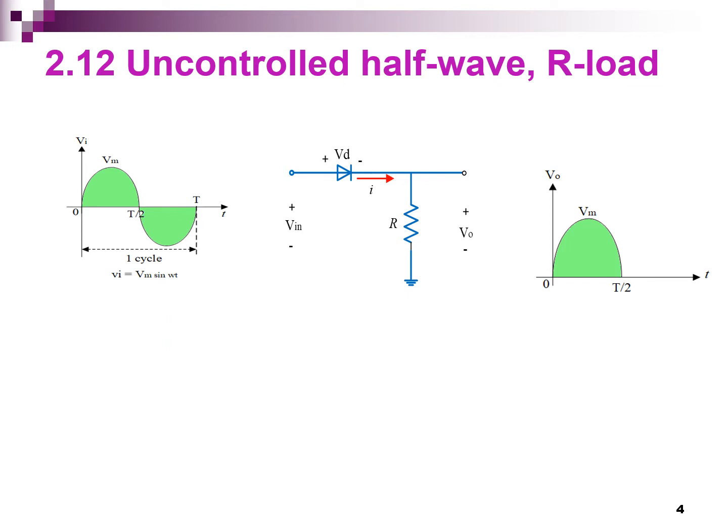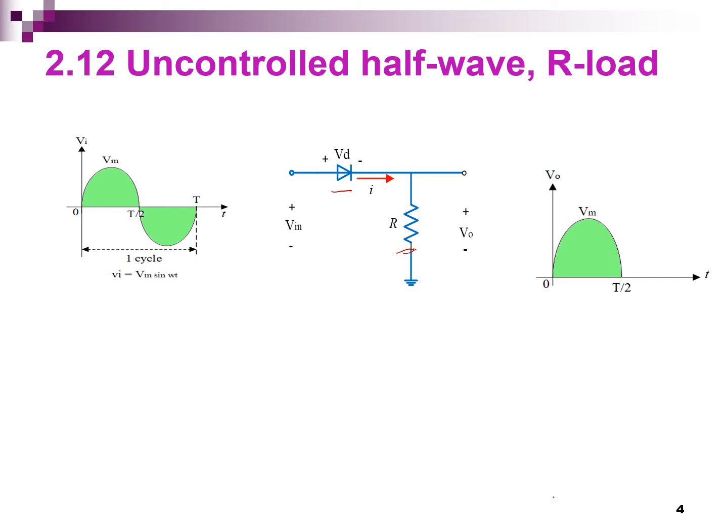The simplest network to examine with a time varying signal appears in the figure here, where the ideal model is used. We only have one diode and one resistor.